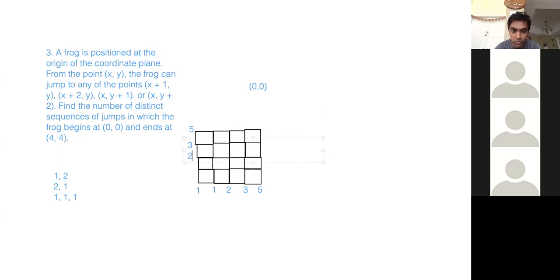This is 2. This is 1. All right, let's separate this. Okay, that's 3. This is 2. And this is 1.